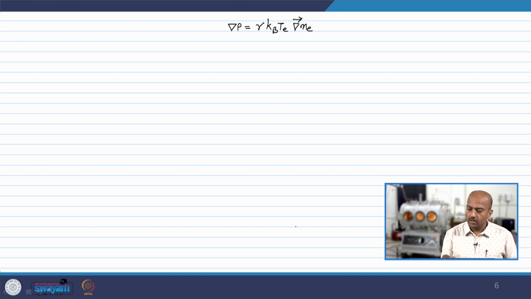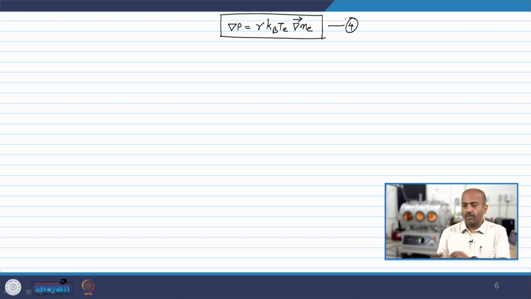So let us call this equation 4. Now, what you have to understand is, by making the electron temperature non-zero, we have got delta P.